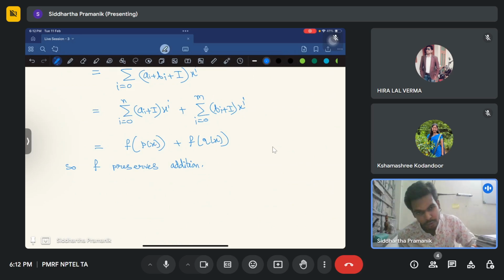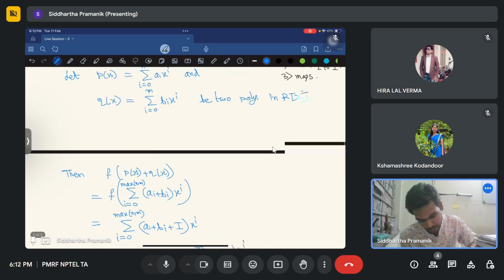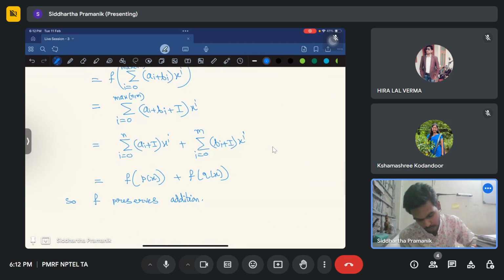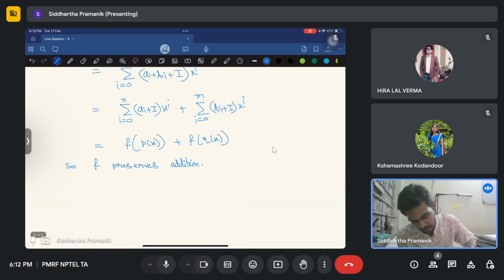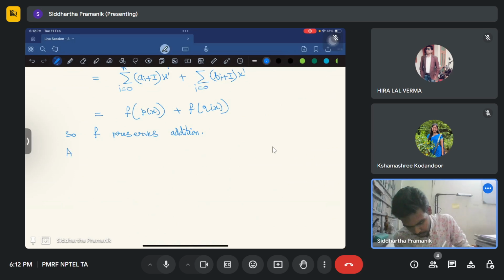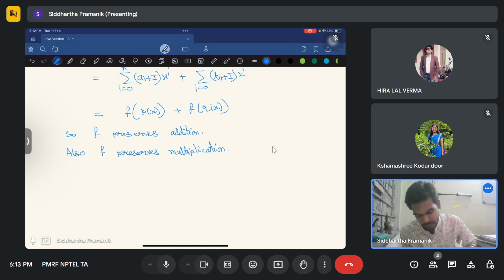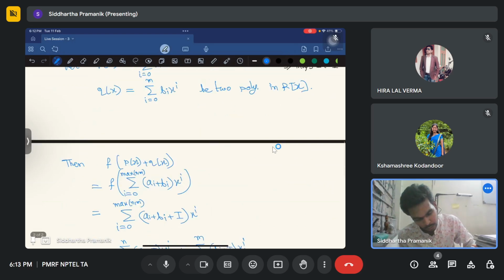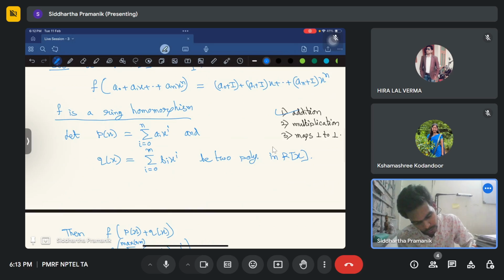Also, f preserves multiplication, but you just do it on your own in a similar manner. So it is not difficult. You just have to use the multiplication of both rings. So this one has been done.